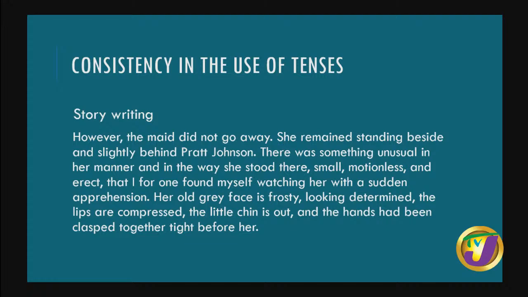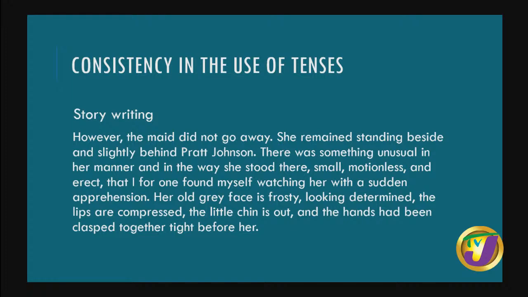Then, her old gray face is frosty. So the person has suddenly shifted over to the present when he really was describing everything in the past. So, her old gray face would be what? Was frosty.